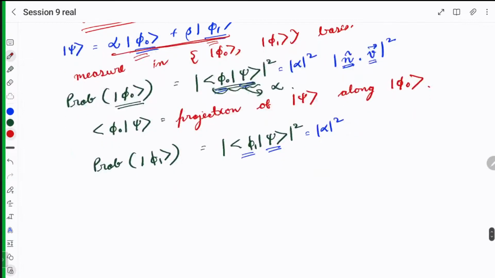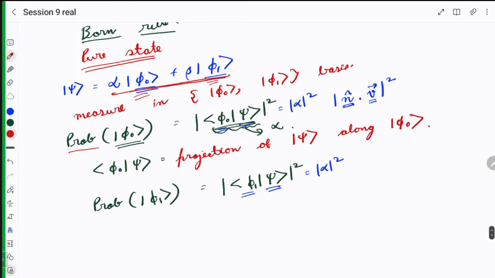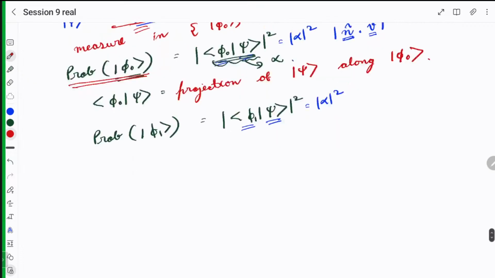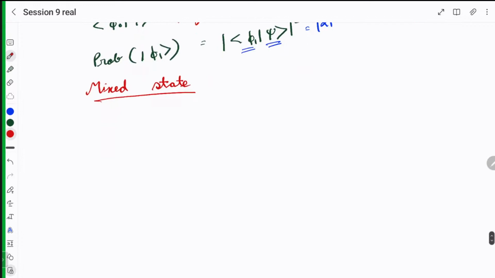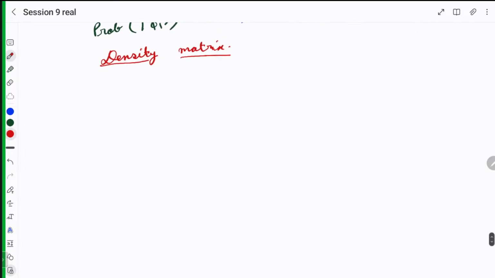Now the question is, what will this Born rule, the rule that gives us the probability of getting some outcome on doing a measurement, be for a mixed state? Or rather for a density matrix, since a density matrix can represent both pure and mixed states. For a density matrix, what will the Born rule be?